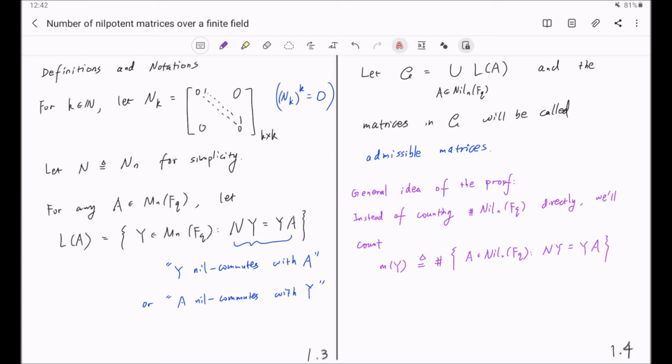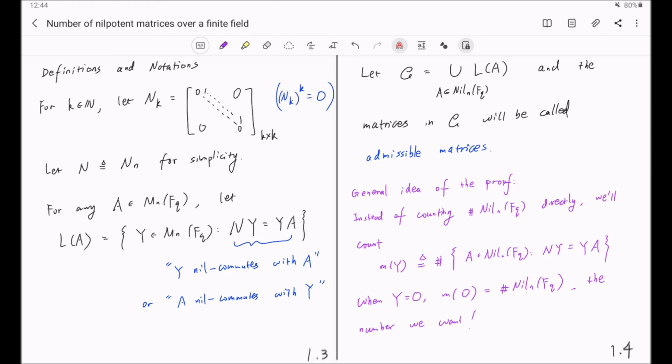As you can imagine, this is something that is more general and stronger, because when y is equal to 0, M of 0 is just the same as the number of nilpotent matrices over F_q, the number we want. What we will do is that we are going to find the relation among M of y for all y's, including the case when y is equal to 0.